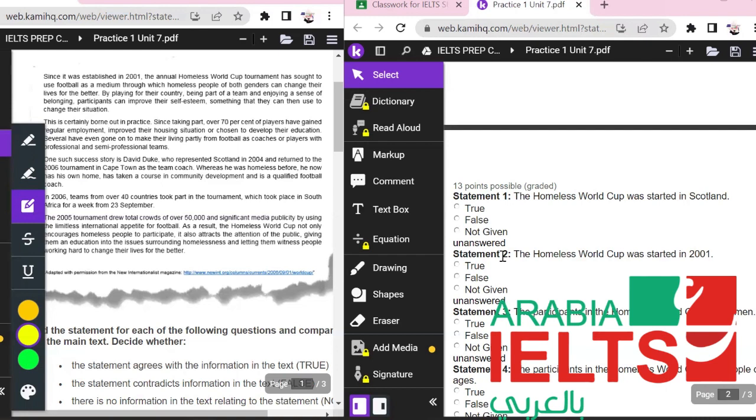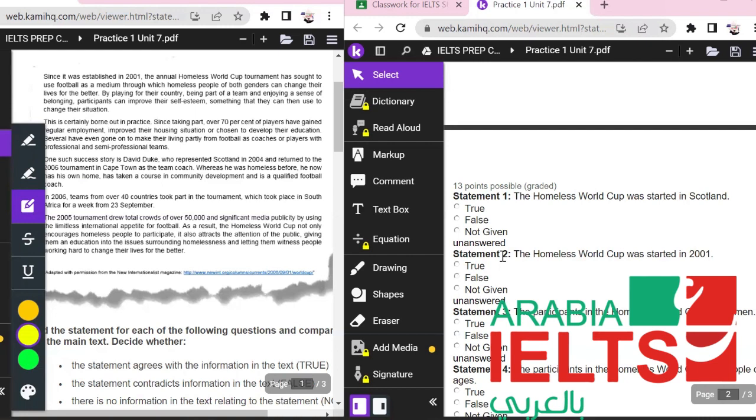The next statement says the Homeless World Cup was started in 2001. False? It was established, not started.